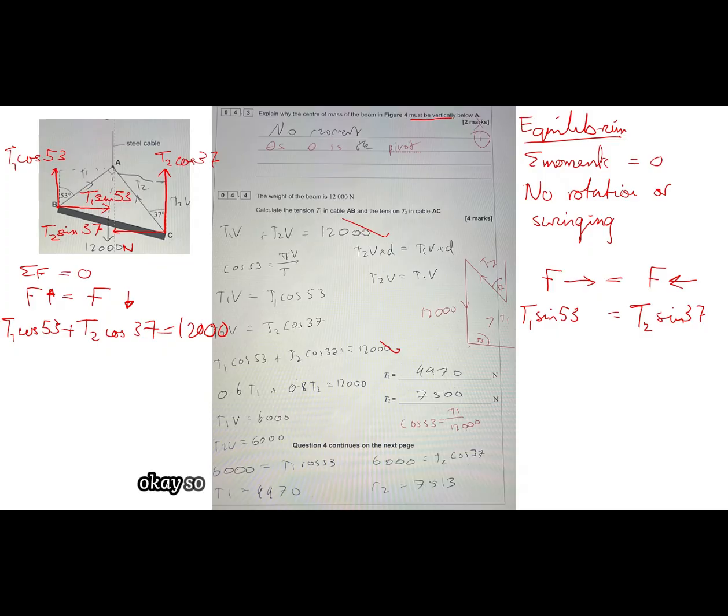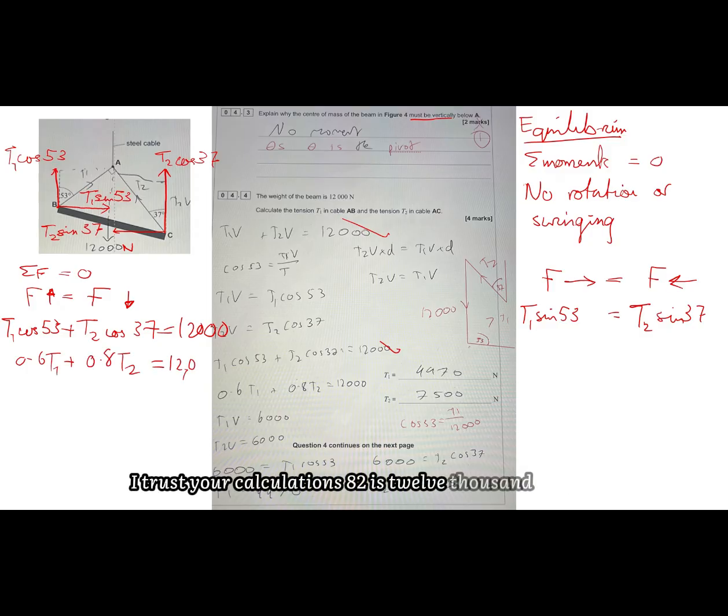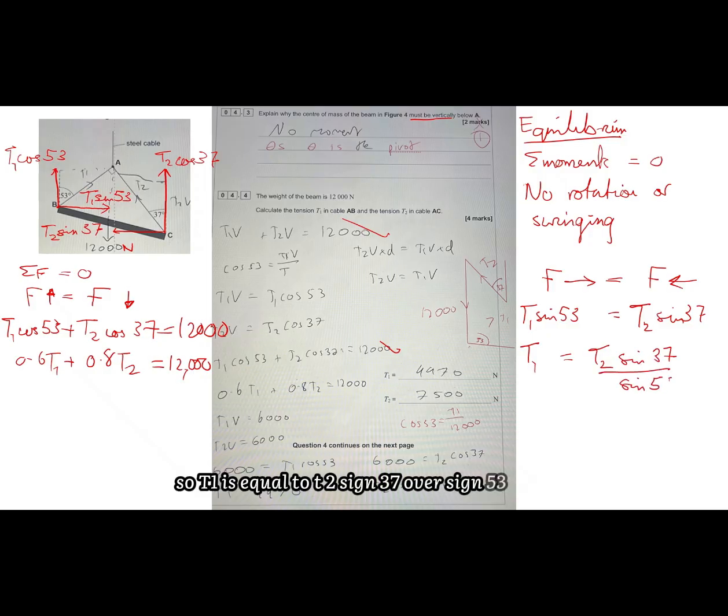So this is 0.6 T1 plus 0.8 T2 equals 12,000. We can now rearrange for either T1 or T2. Let's do it for T1: T1 equals T2 sine 37 over sine 53. So I can now work out T1 in terms of T2 and then sub into the other one.